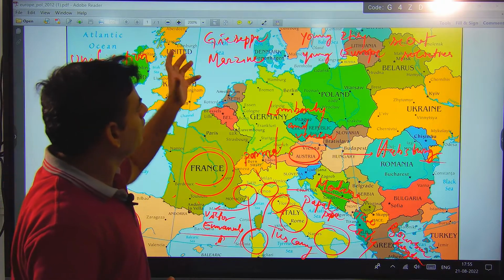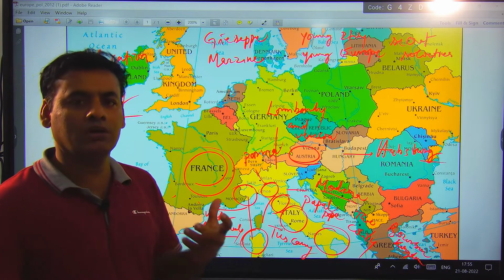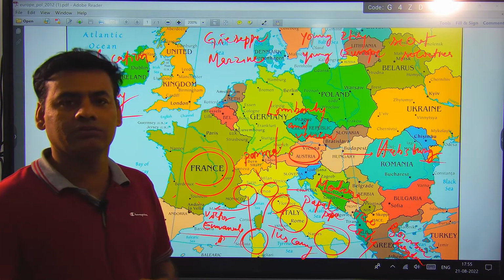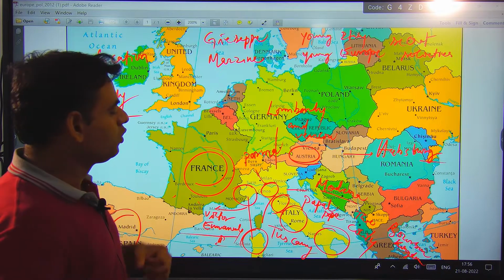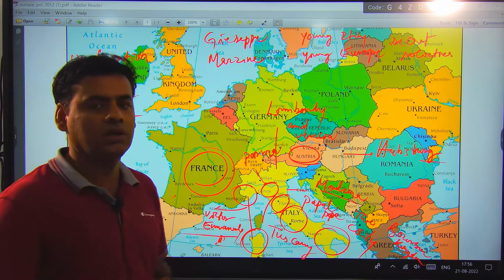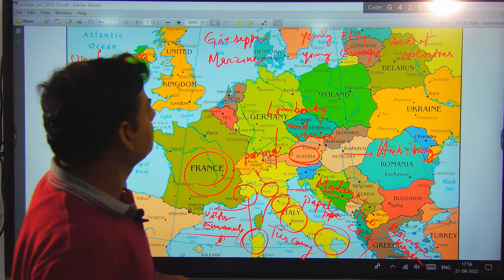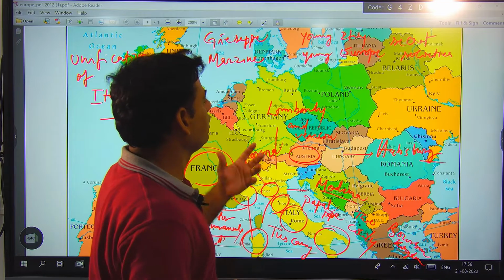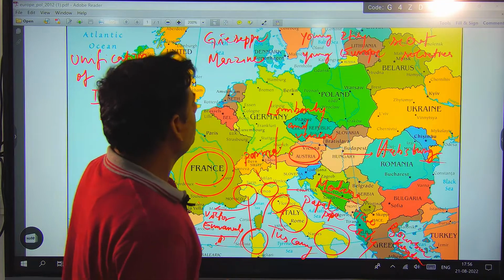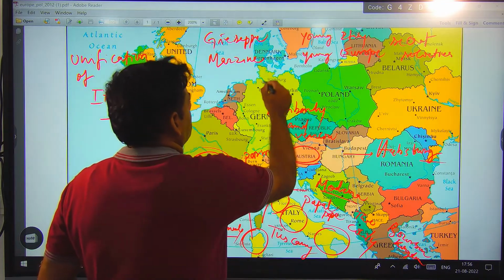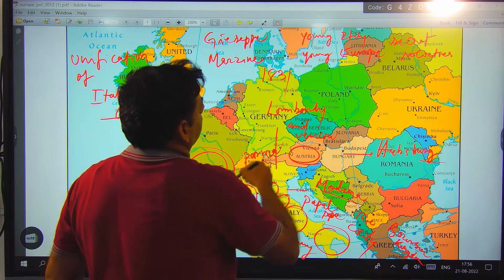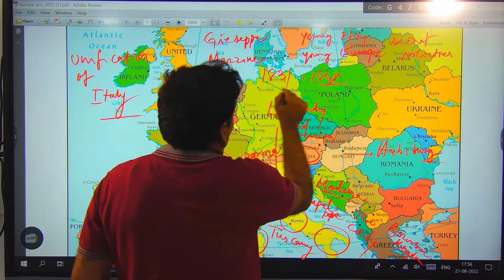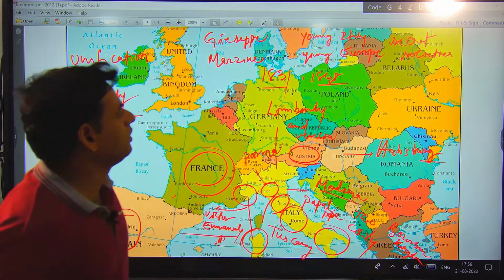So, here Giuseppe Mazzini is one personality who wanted to spread that liberal nationalism throughout Europe, not just Italy. You can see here, he started these two secret societies, Young Italy and Young Europe, and then he was not successful. He started revolutions in 1831 and 1848, but he failed miserably.